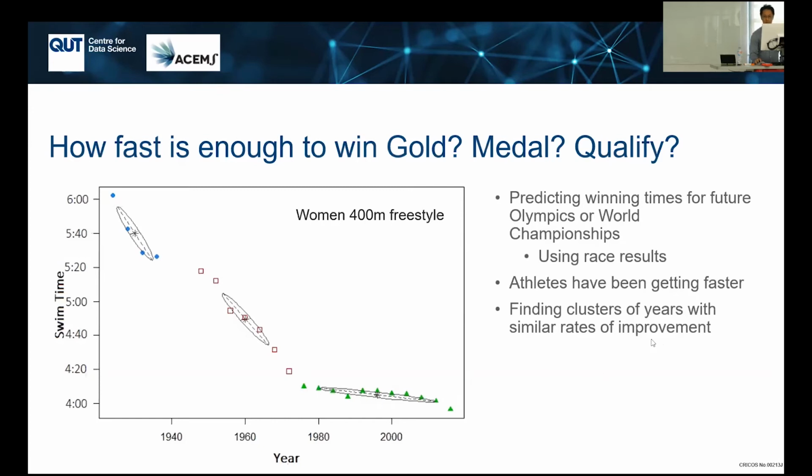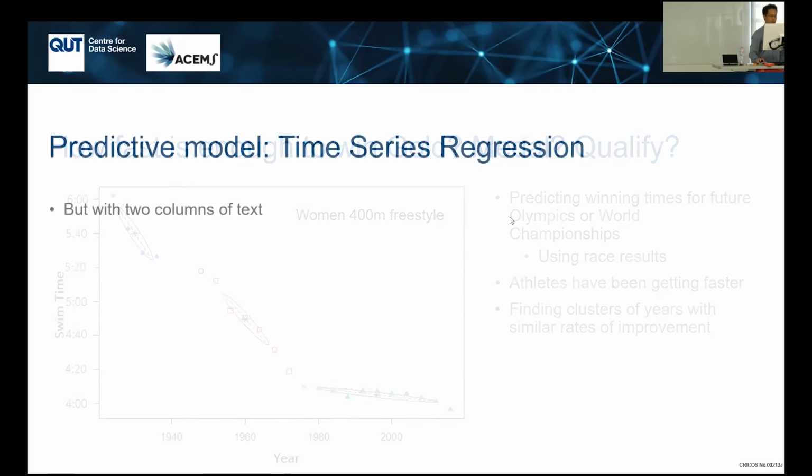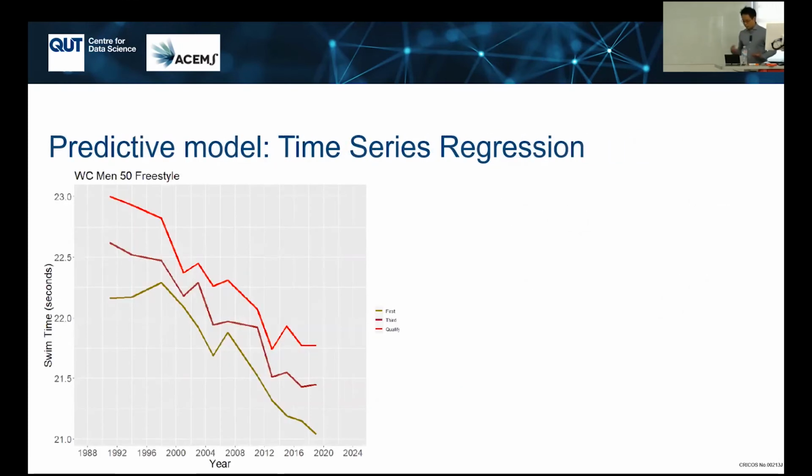So we find years with similar rates of improvement, and then do time series regression fitted with MCMC, here showing from the late 80s to today the first place, third place, and qualifying times, for example for the men's 50-meter freestyle. You can see it's getting very, very fast, but also very, very competitive.